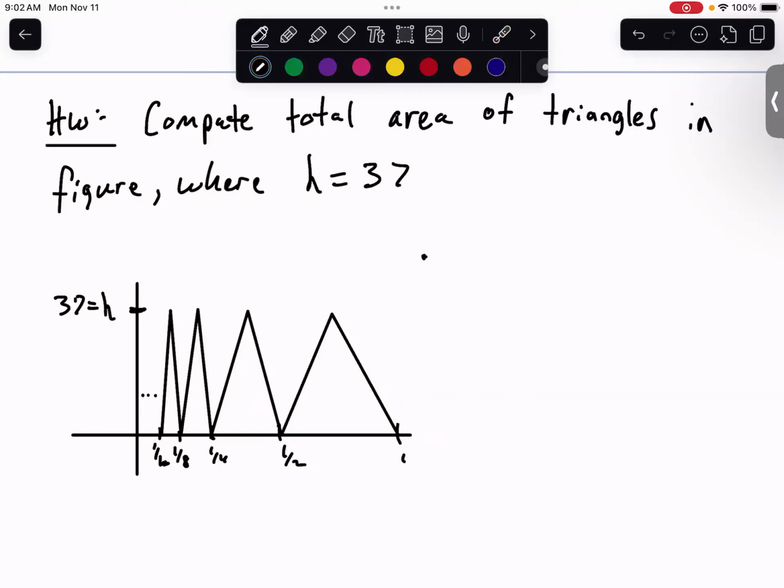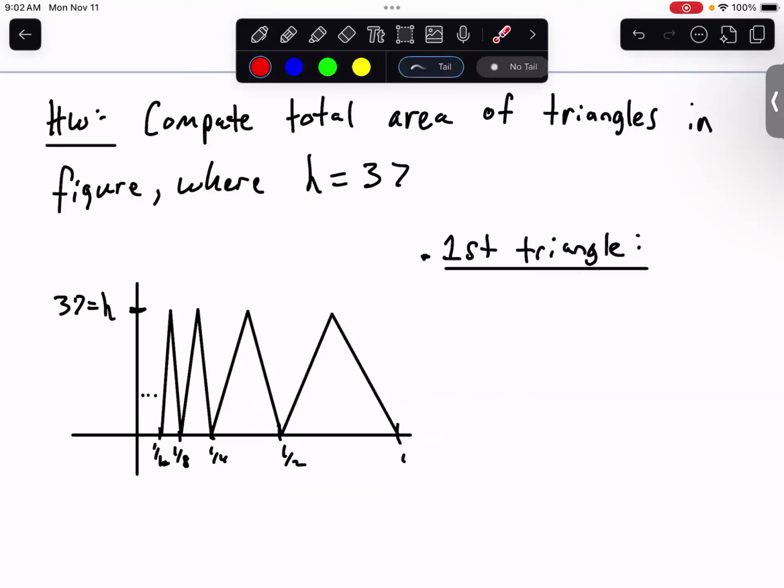Okay, so I'm just going through the areas. So the area of the first triangle, doing this is pretty straightforward. It's just a matter of combining them as a sum at the end. So the area of a triangle is half of the base times the height. So we always have 1/2 times the height. The height of all these triangles is equal to 37.